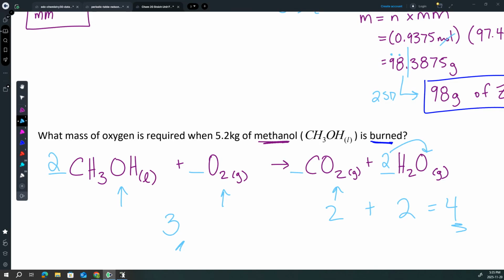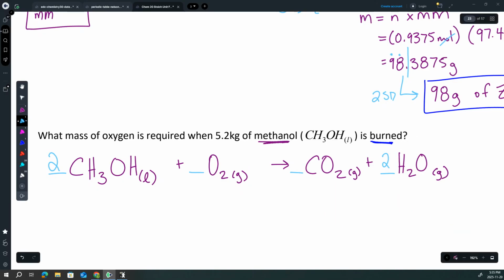Okay, so I'm increasing the coefficient from 1 to 2 on methanol here. So that's going to cause us to have 4 oxygens on our reactant side, 4 on our product side. So the oxygens are balanced, but that's going to throw everything else out of balance as well here.